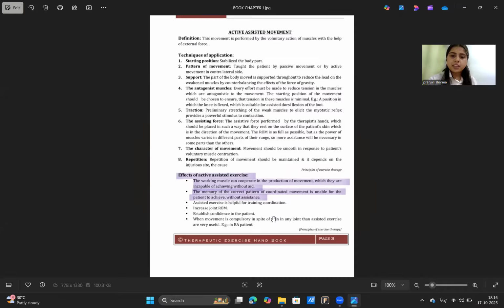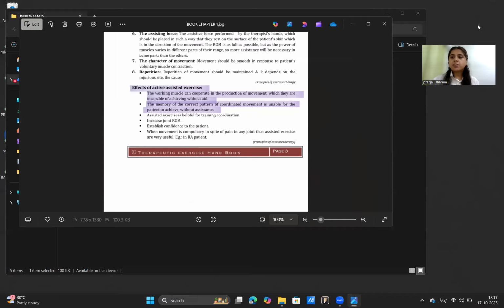The working muscles can help in the production of movement, so a patient who cannot perform a movement without aids like walkers will be helped to perform it by active assisted movement. So this was the book I was talking about, and this is about active assisted.